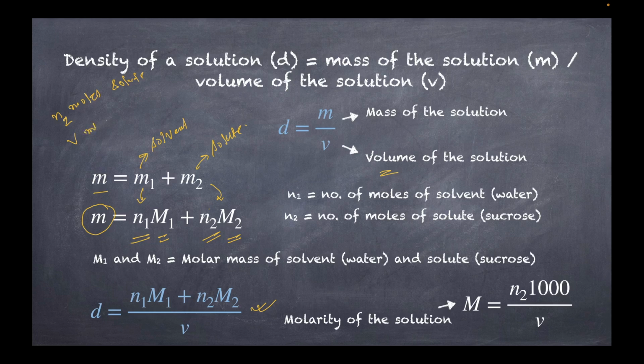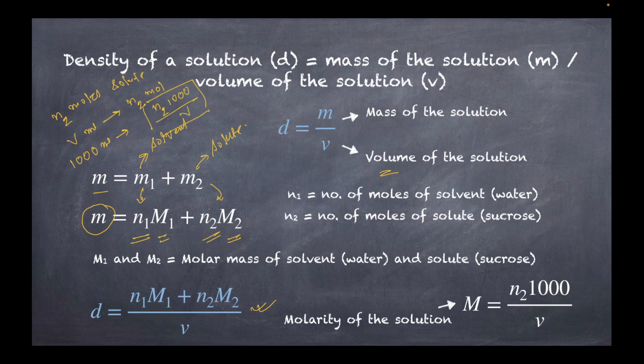So in V ml solution, n2 moles of solute, that means sucrose, is present. So in 1000 ml solution, how many moles of sucrose will be present? n2 times 1000 divided by V.